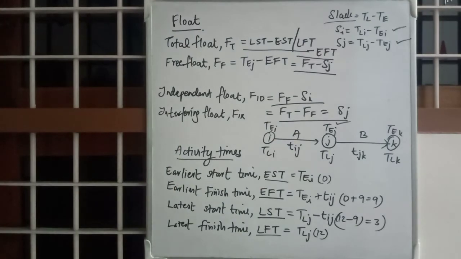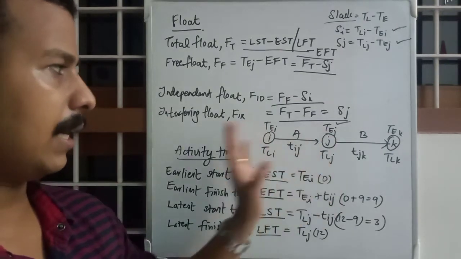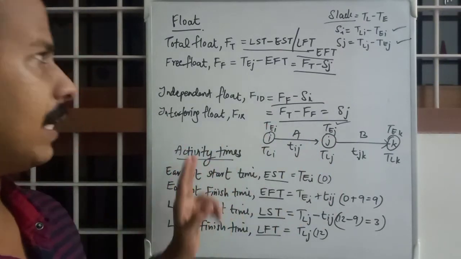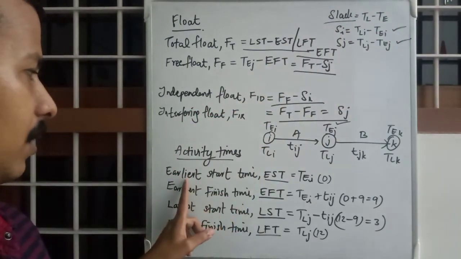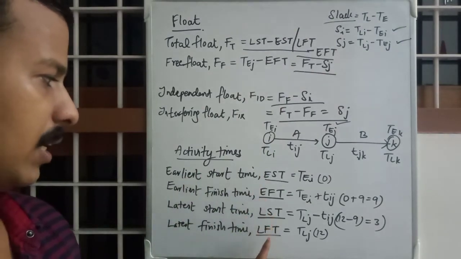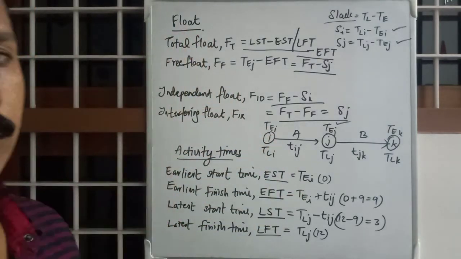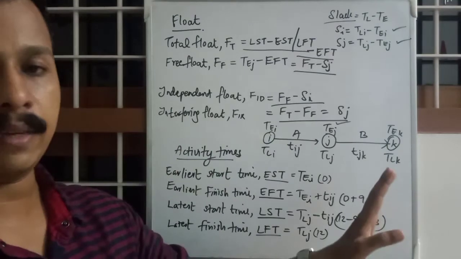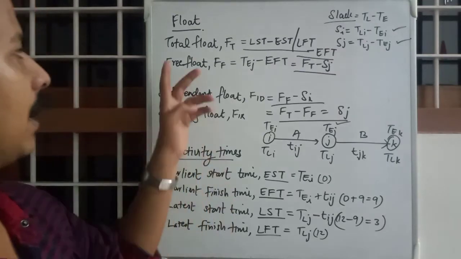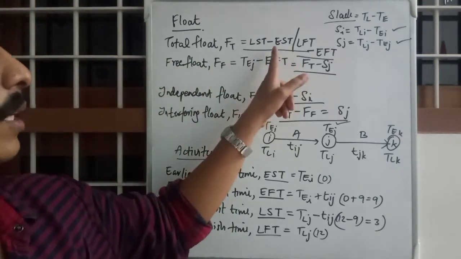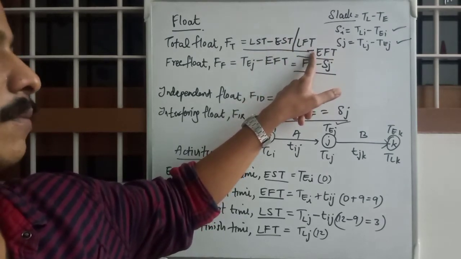Okay, so I hope these are clear. We are considering a set of an activity with the help of event values and slack values. We have EST, EFT, LST and LFT. Using these four values, we find out float values, similar to slack values in the case of events. Float values are in the case of activity times. And there are four types: total float, that is the difference between two starting times or the difference between two finishing times.